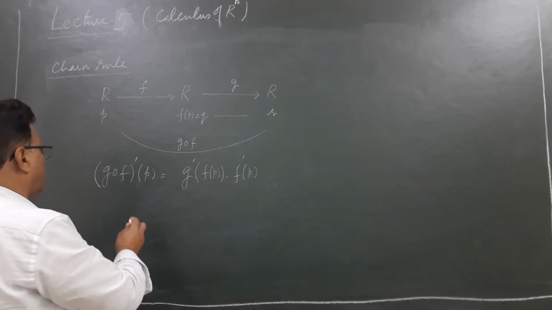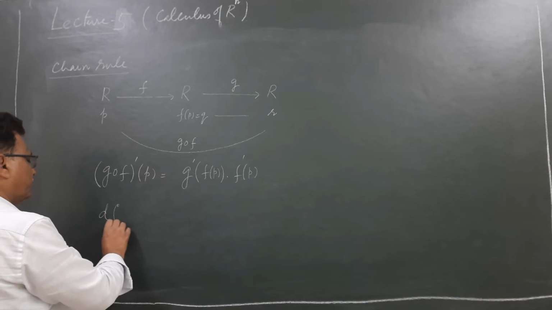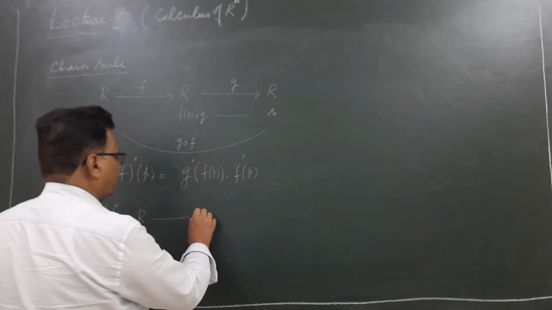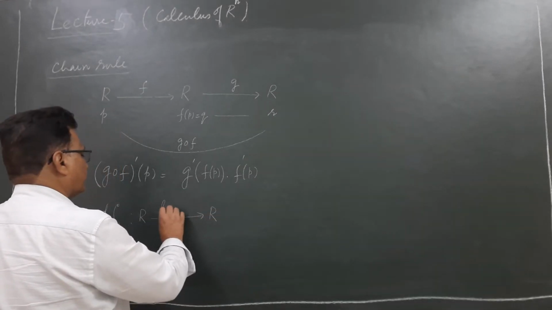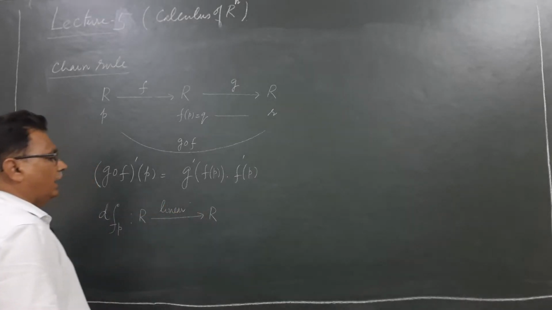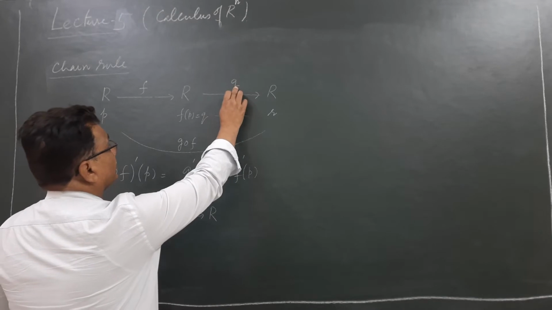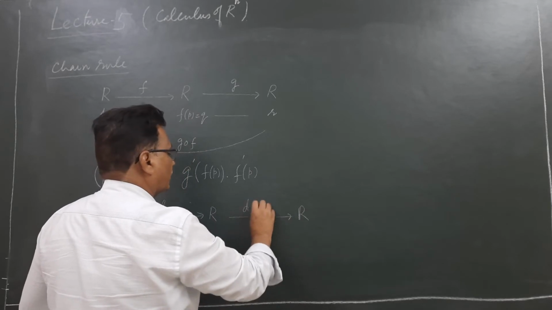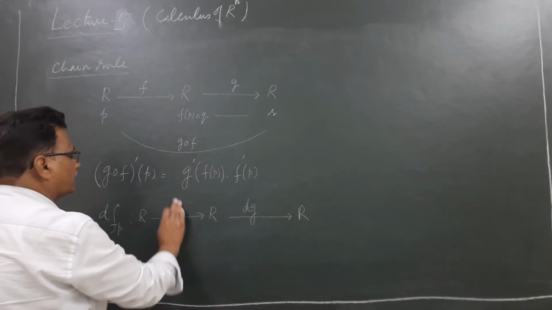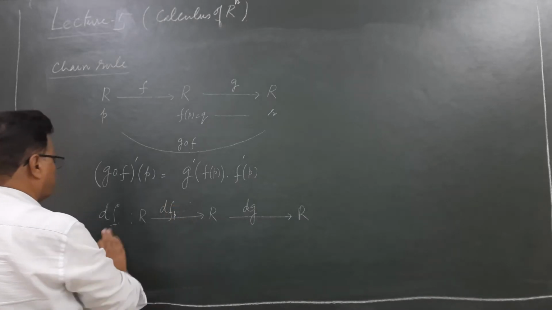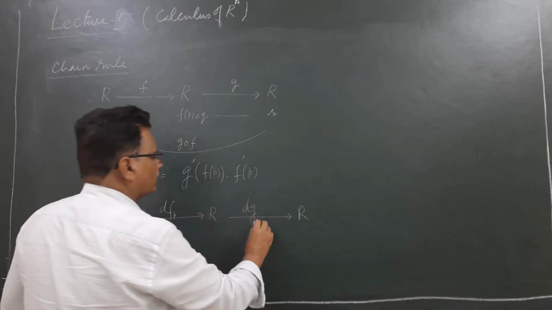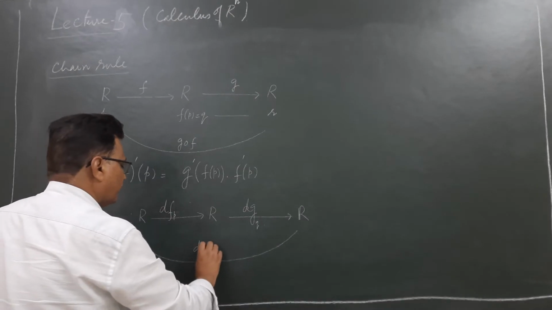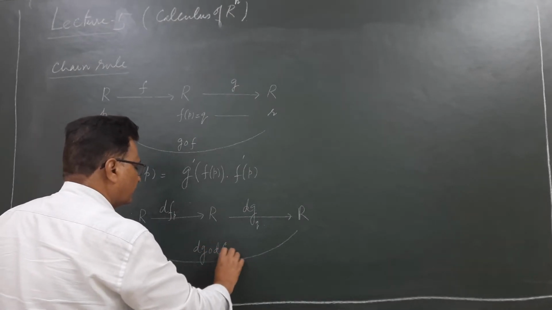Whenever you have a function from R to R, it will give rise to its differential df_P, which will be a linear map from R to R. Over here you have another function g from R to R, which will also give you a differential, dg, at Q. Once again by composing these, you will be getting dg composition df.